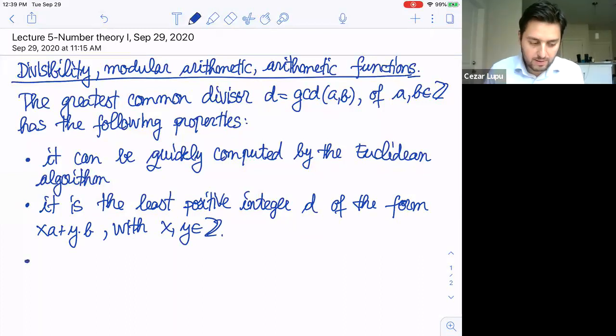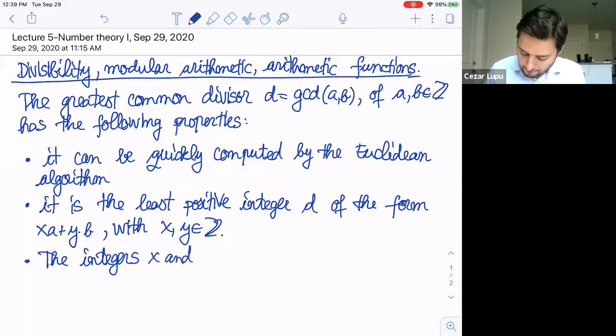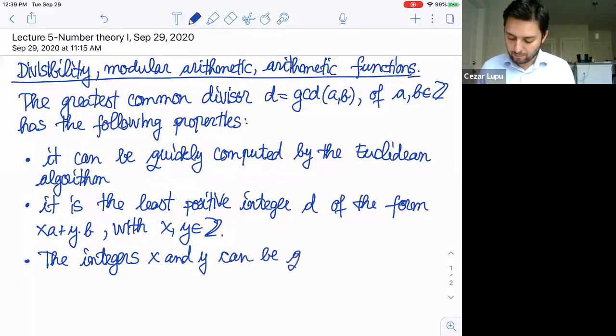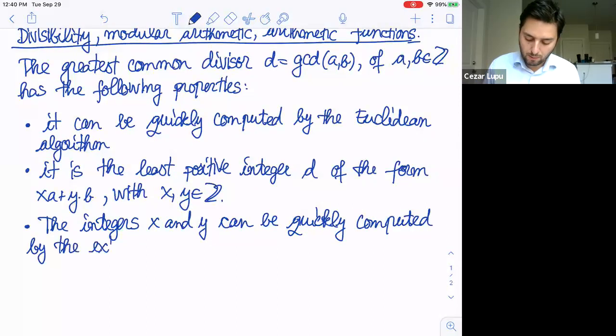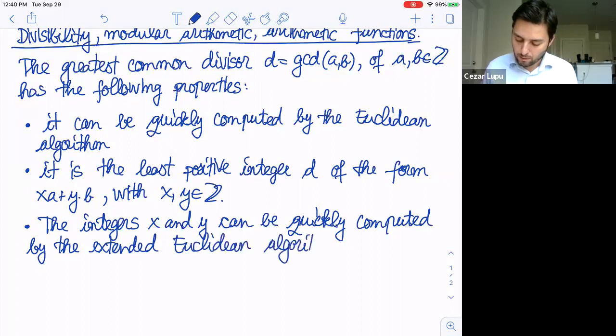And moreover, these integers X and Y can be quickly computed by the extended Euclidean algorithm, and I will explain that. All right, let me explain these.